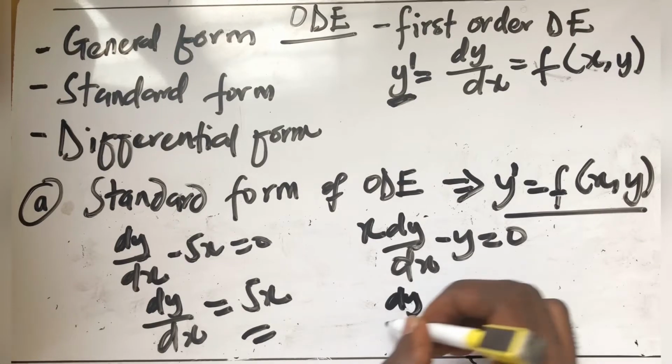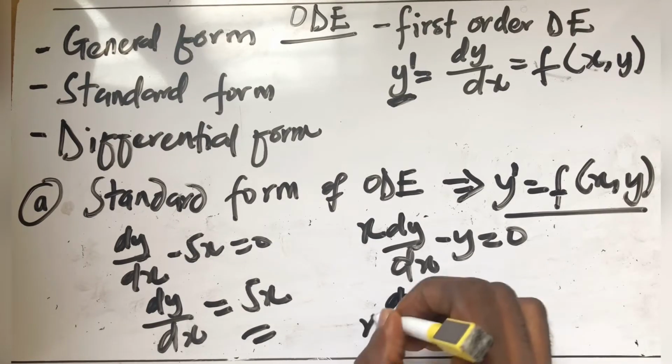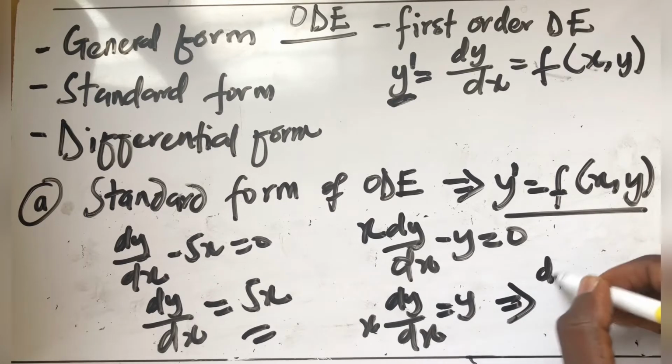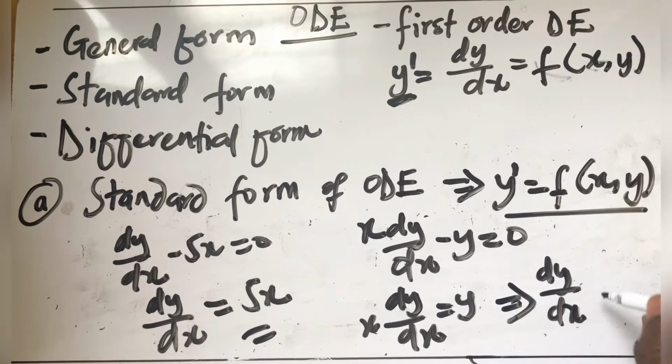So you have dy dx to be equal to y, and then this simplifies further to dy dx equal to y on x, okay? This is how you write an ordinary differential equation in standard form.